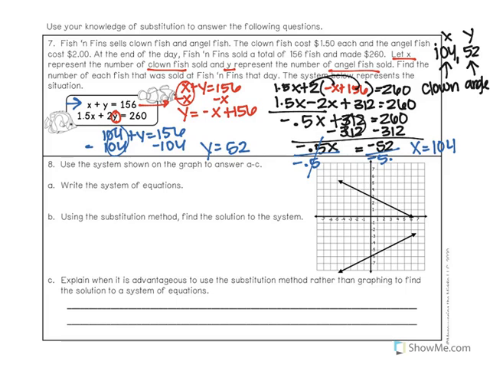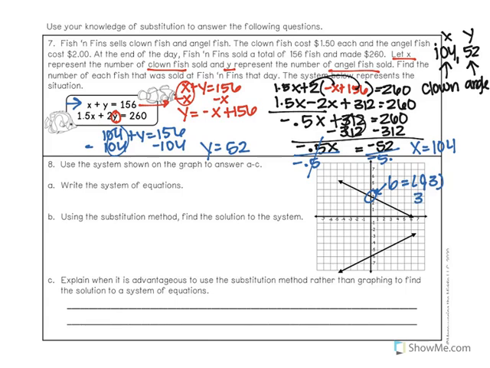All right, let's continue. We're going to use the systems shown on the graph to answer A through C. So first we're going to write the systems of equations. What I can see here is that this point right here is where it crosses. That is my b, and my b is the point (0, 3), or a positive 3.